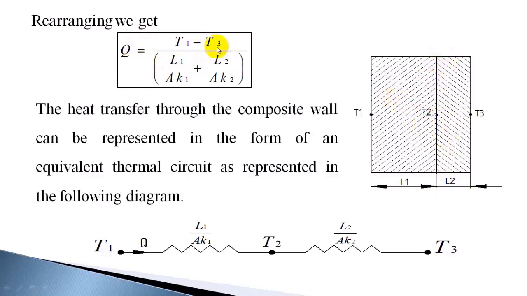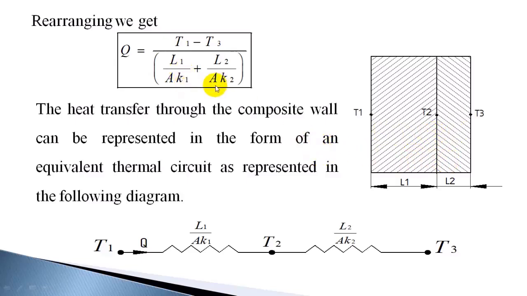We are getting Q in terms of the temperature at the left hand and the temperature at the right hand. Interface temperature most of the time will not be known, and this equation eliminates it, giving the heat transfer in terms of T1 and T3 and the material properties and geometry.